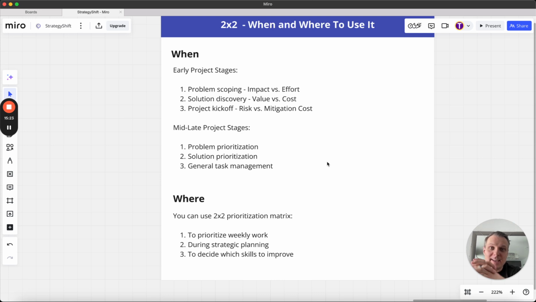And on the personal level, if you want to improve your career, figure out what to focus on next, you can't focus all your attention on everything, so you need to figure out exactly which skill will be most impactful for your career. And you can use the 2x2 prioritization matrix for that as well.